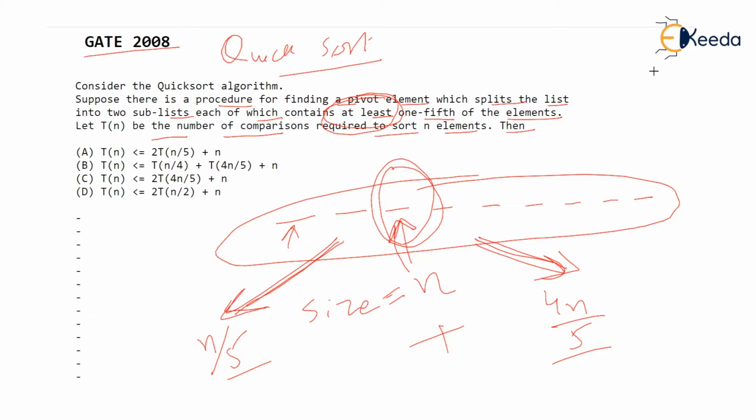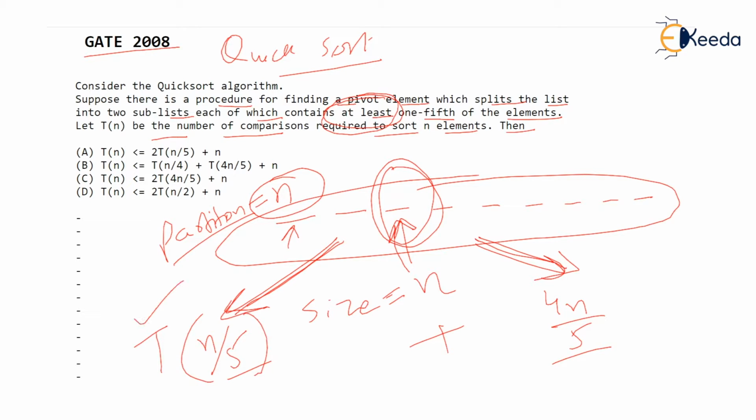So what is going to be the number of comparisons if Tn represents the number of comparisons? What we will say is that n is the time needed to partition, isn't it? First we will partition, and you know partition works in the order of n, and then we will sort these n by 5 elements.